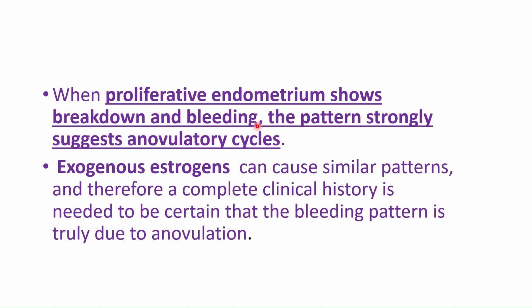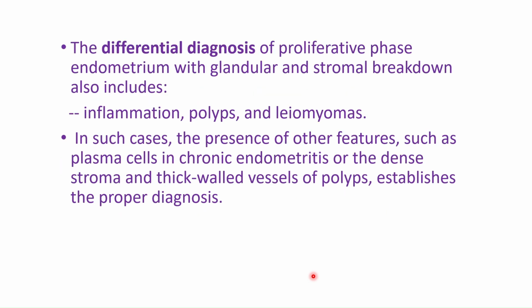It means whenever there is proliferative endometrium with breakdown of stroma and glands, this is due to anovulatory cycles only. And the same effect you will see with exogenous estrogen if the patient is taking it. So this is again a similar picture.